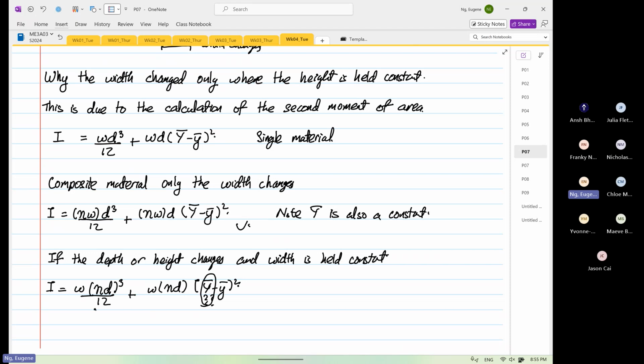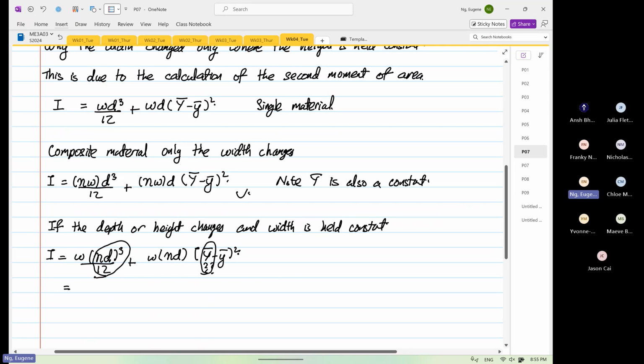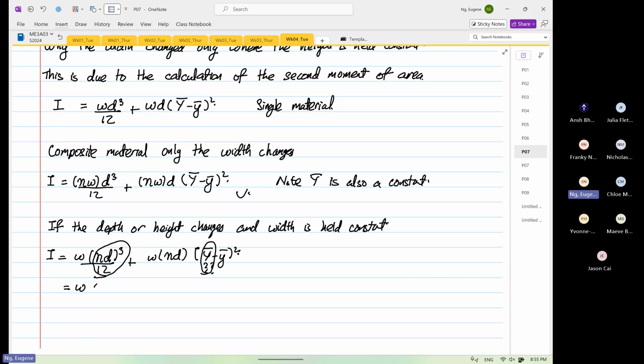The problem with this function over here is this. If I expand, you are basically telling me n cubed depth cubed over 12 plus width. As I said, the n and the depth down here is no problem. But the problem is Y bar minus small y bar squared. This one will have issue.